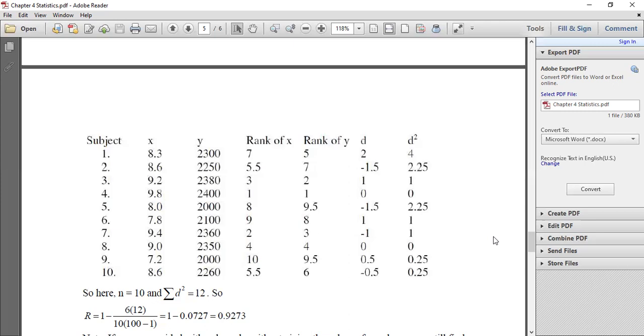You have 1 plus 2, that will be 3. Then you divide by 2. That will give you 1.5. So the first rank is 1.5, the second is 1.5. Then from there, you move to 3. So the next one will be rank number 3.